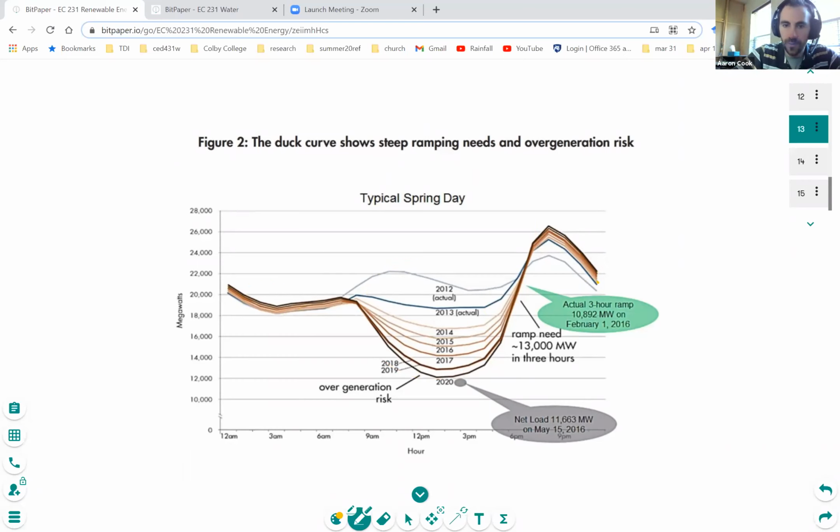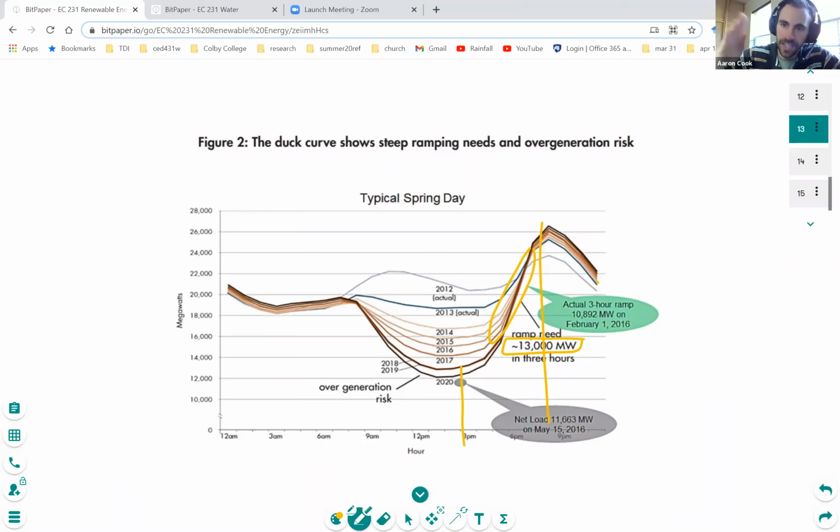For this kind of spring day, between the hours of like 3 p.m. and 6 or 7 p.m., and in particular, there's like a 3-hour window right here where we need to have 13,000 megawatts coming online in about a 3-hour window because the sun is starting to set.